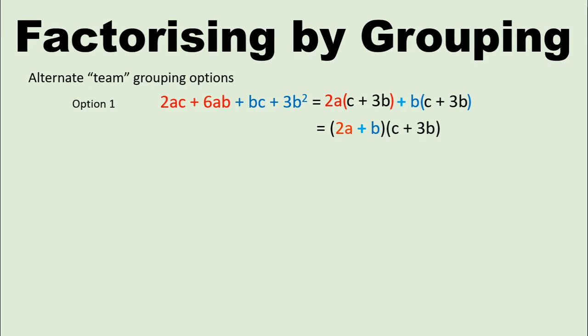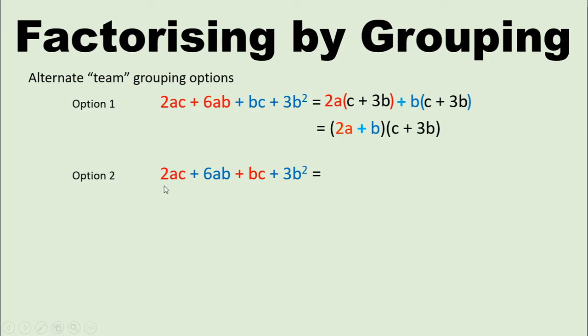Now, you can choose your teams slightly differently. I just chose to group the first two terms together and the last two terms together. And that seemed to work because the first two terms definitely had a common factor and the last two terms had a common factor. But you could have grouped this in a different way. Let's try option 2.